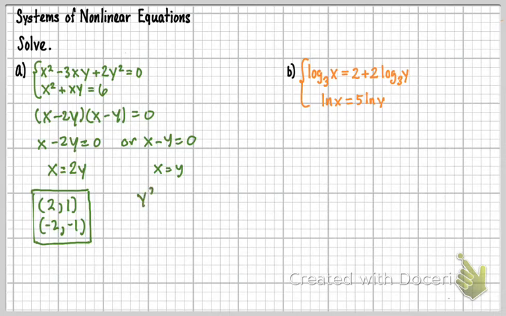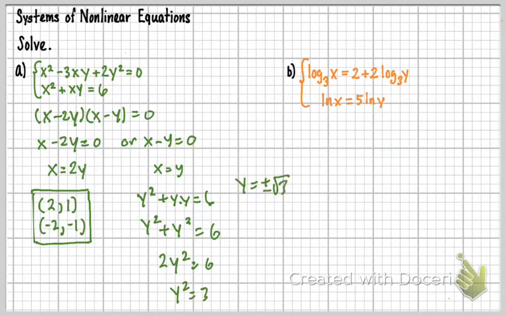So I'm going to get y squared plus y times y equals 6. So that's going to be y squared plus y squared equals 6, which means 2y squared equals 6, which means I divide by 2. y squared equals 3, and y equals plus or minus the square root of 3.